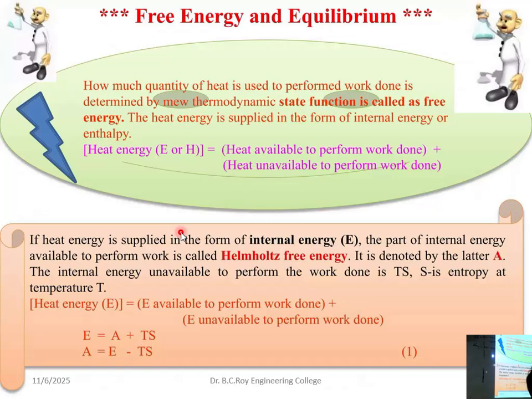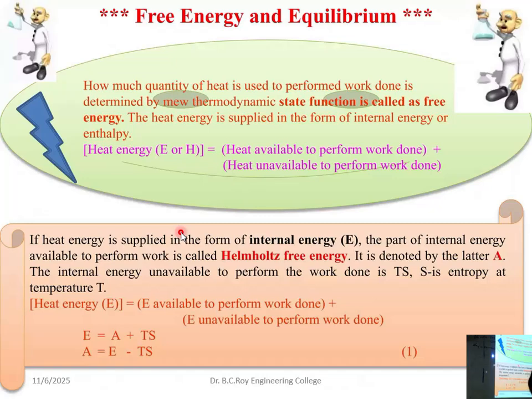And normally, if del S is large and positive, the process is spontaneous, but that is not a necessary condition. Del S means entropy rise. If the entropy rise is very large, then usually it is spontaneous, but it is not a necessary or sufficient condition.